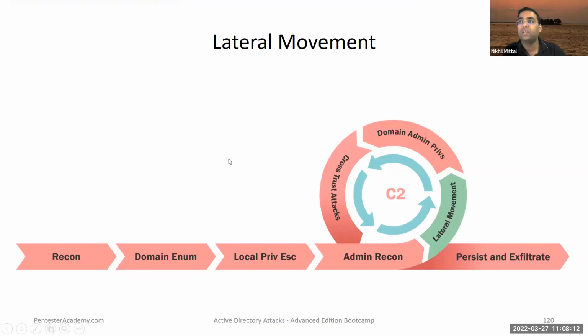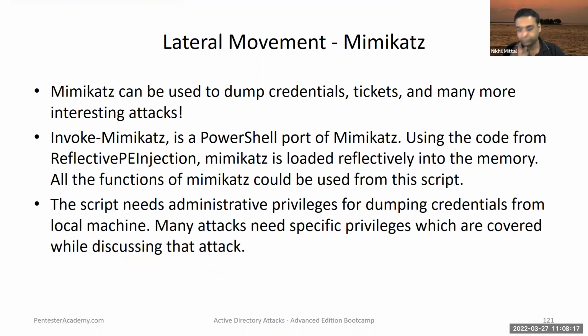Now let's start talking about lateral movement. Once we have local administrator privileges on other machines, let's take a look at how we can execute lateral movement. What are the tools that we can use for that? First and foremost, Mimikatz. Mimikatz is a very versatile tool that we can use to extract credentials, tickets, create tickets, forge golden tickets, and whatnot.